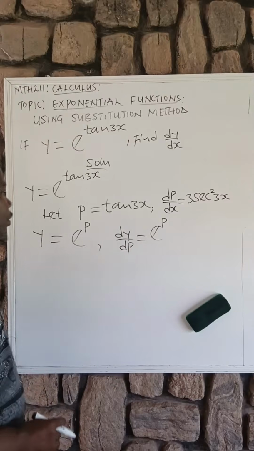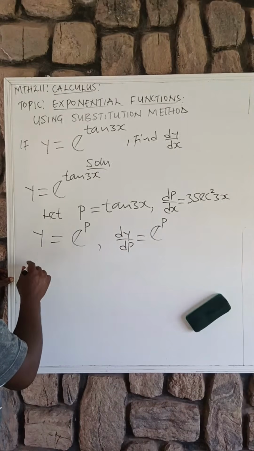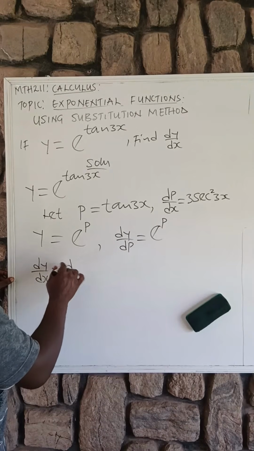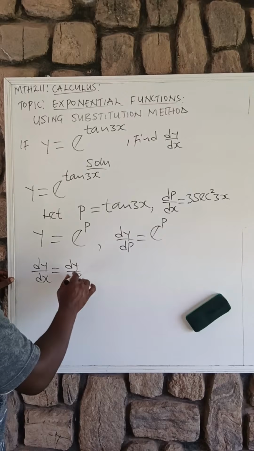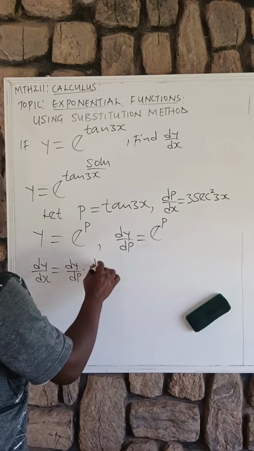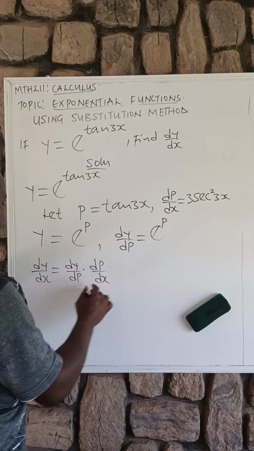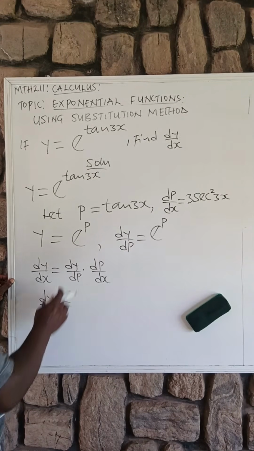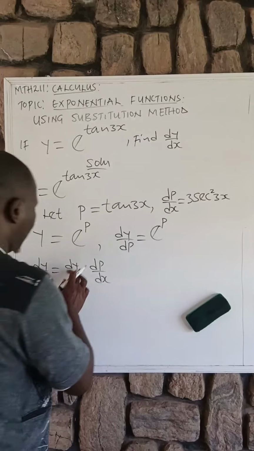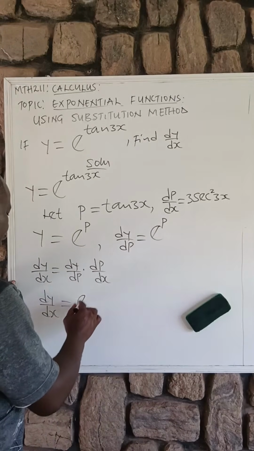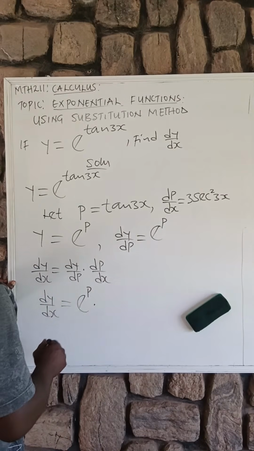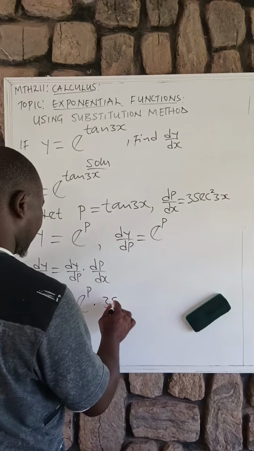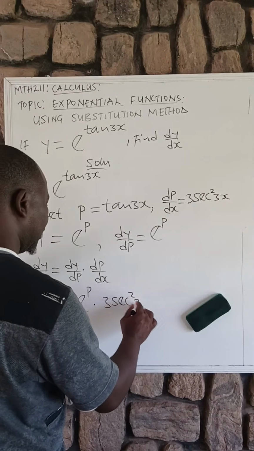Therefore, our chain rule will be dy over dx equals dy over dp times dp over dx. dy over dp is exponential p, times dp over dx, which is 3 sec square 3x.